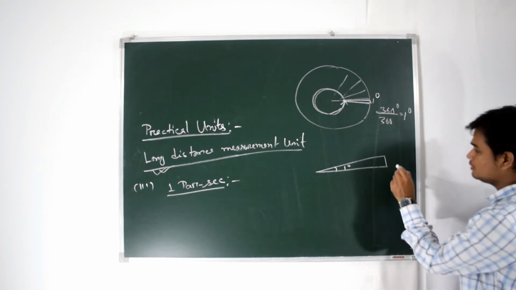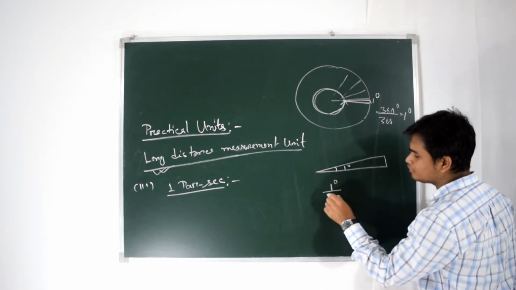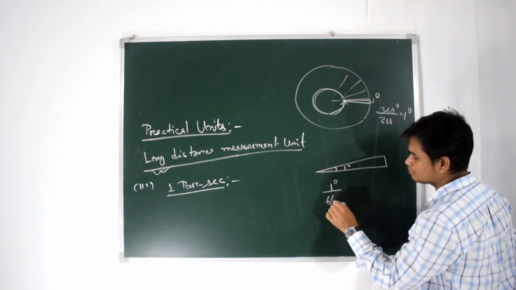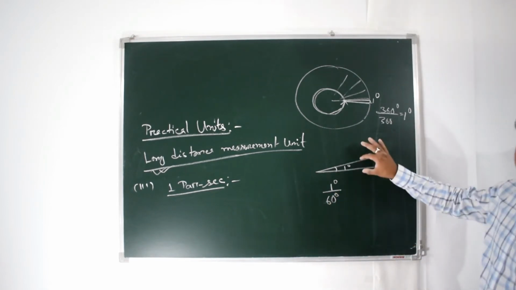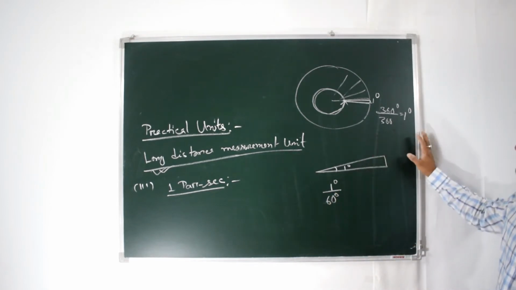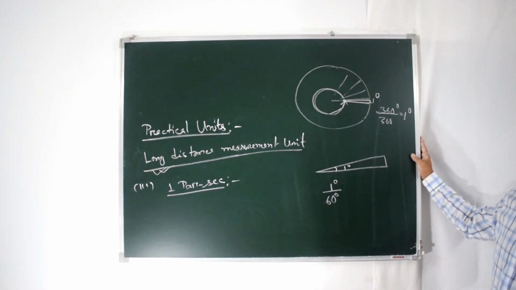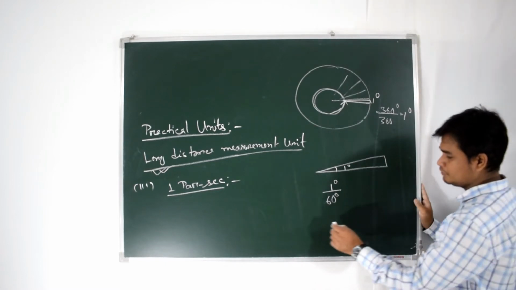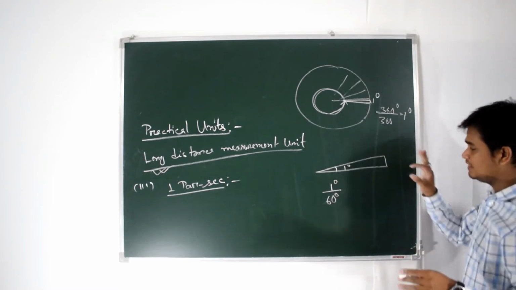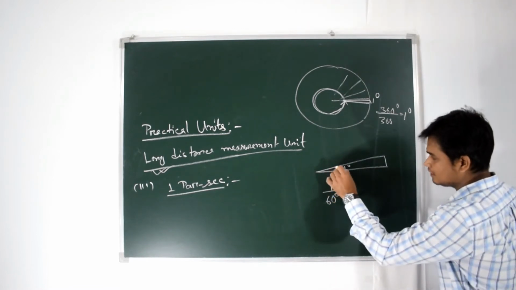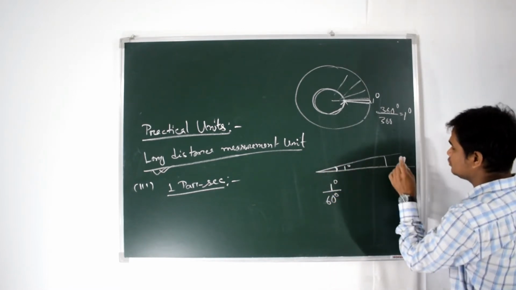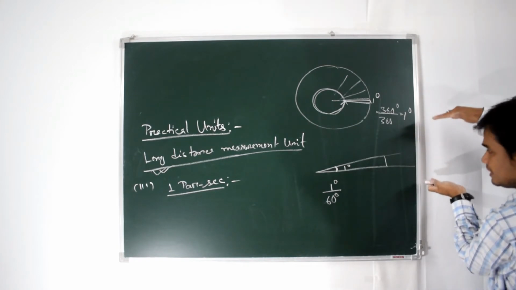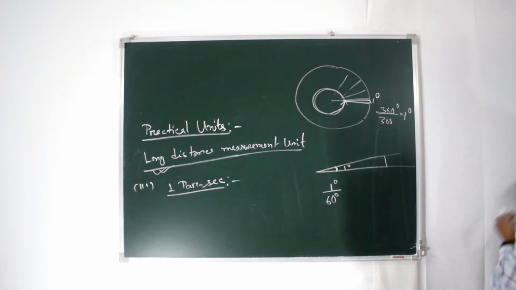Now we will divide 1 degree into 60 divisions. This 1 degree is a very small angle; you can see it in the protractor and draw it. If you draw it on a large piece, you will find that the separation increases when the length increases.